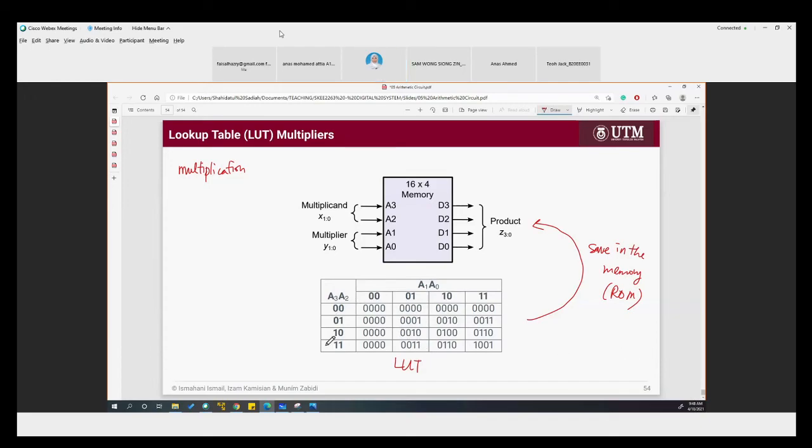The address is this one, and this is the address of the multiplier.